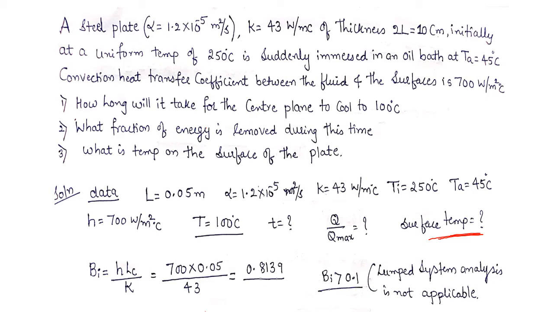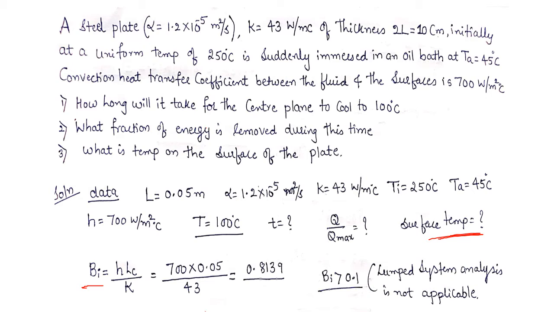As usual, before solving the problem, we first have to calculate the Biot number. The Biot number is given by the formula h into Lc divided by k, where Lc is the characteristic length. For a plane slab, Lc equals V divided by A, that is, volume of the plate divided by area of the plate.